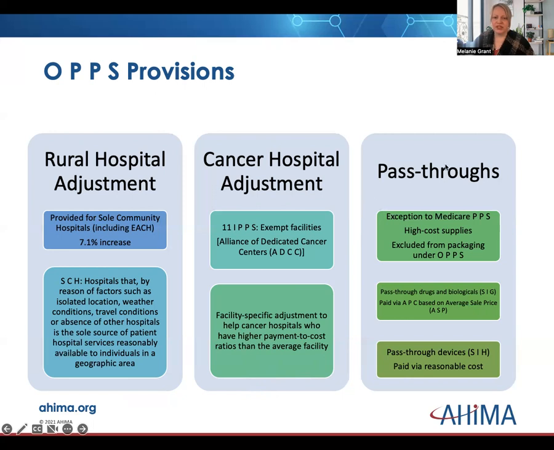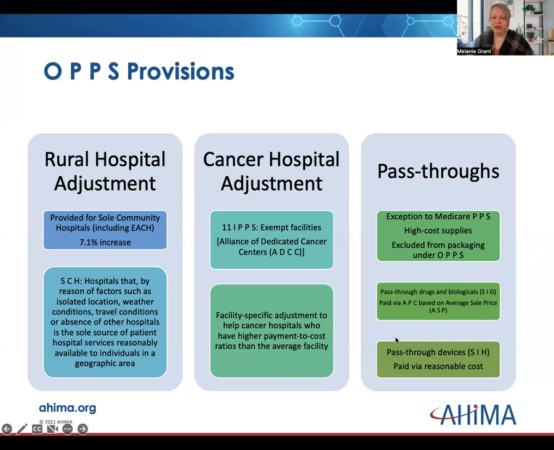The last provision here is your pass-throughs. This is going to be where we have specific types of supplies that are really expensive, and they will be paid for based off of reasonable costs. There's different types of status indicators for these. So like your pass-through drugs and biologicals under status indicator G will get an average sales price, or what is the average cost to reimburse for this particular drug or biological.